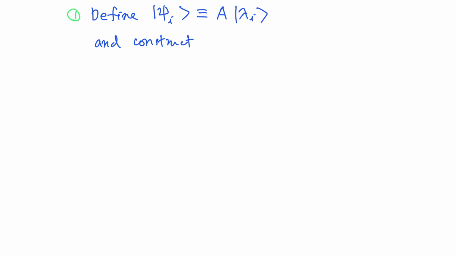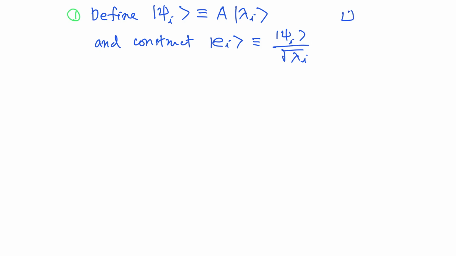First step, define psi_i as A times lambda_i, and construct e_i, which is psi_i divided by the square root of lambda_i.